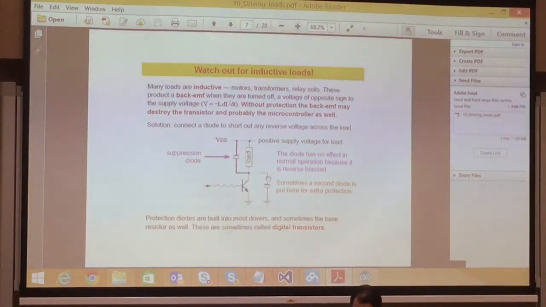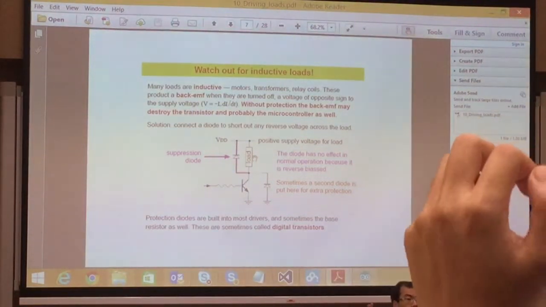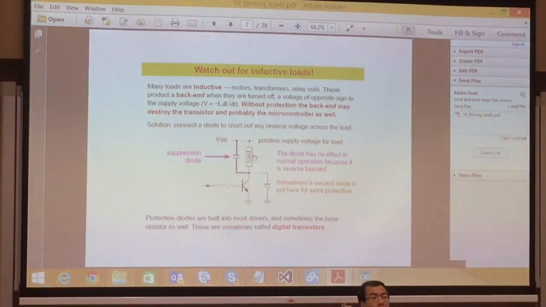Okay, so the other thing we want to discuss is you need to be careful with the inductive load. If your load has some inductive components, you need to be careful because of the inductor. Has anyone learned electromagnetic induction before?